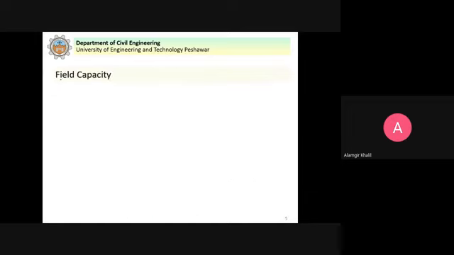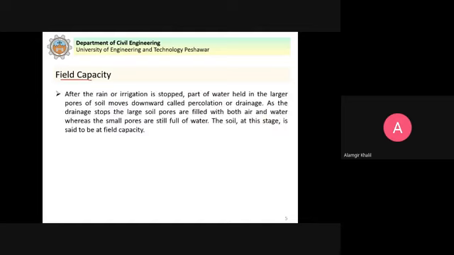So we define some important concepts now. First one is the field capacity. After the rain or irrigation is stopped, part of the water held in the larger pores of soil moves downward, called percolation or drainage. The entrance of the water into the soil is infiltration, and then the downward movement through the soil profile is known as percolation.